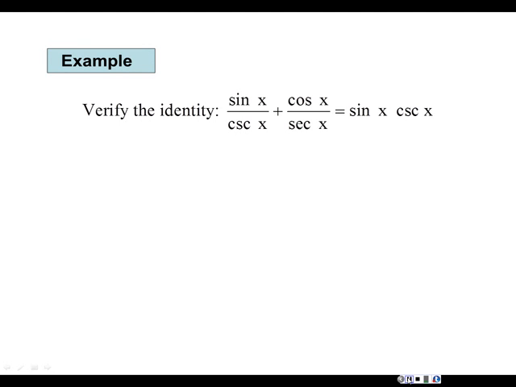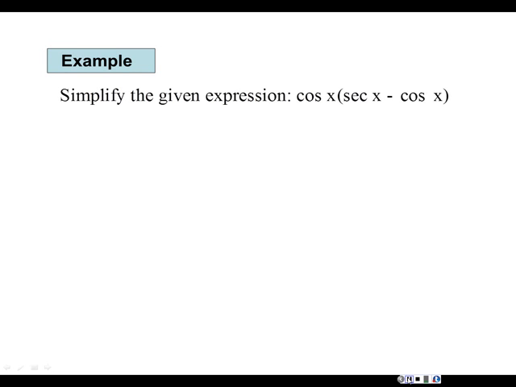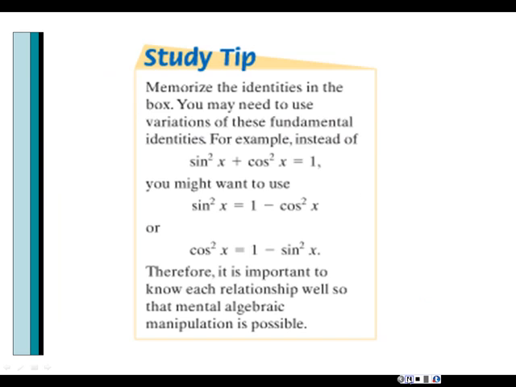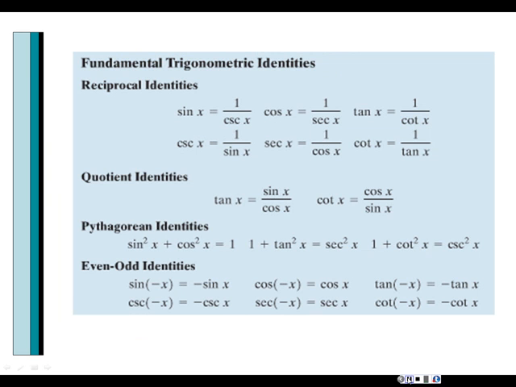Again, you might have multiple options. So the best, let's go back to that formula page. Now, you might have multiple options. The best option I can see at this point is sin x over 1 over sine, because the cosec is reciprocal to sine, plus cos x over 1 over cos.